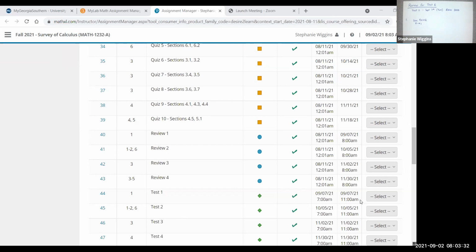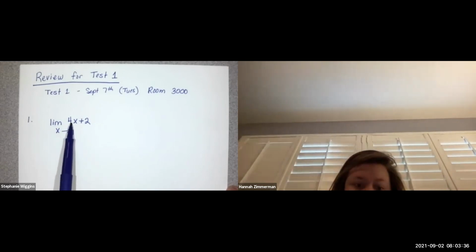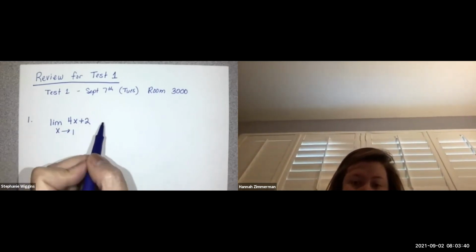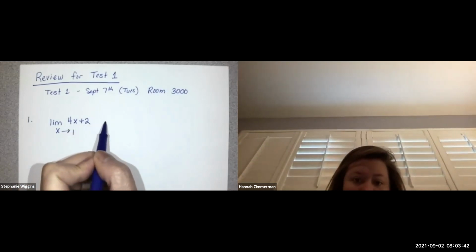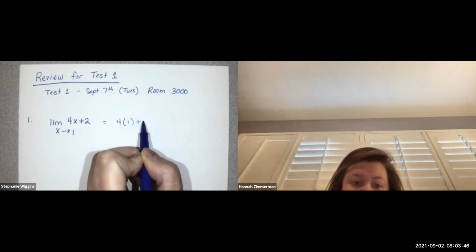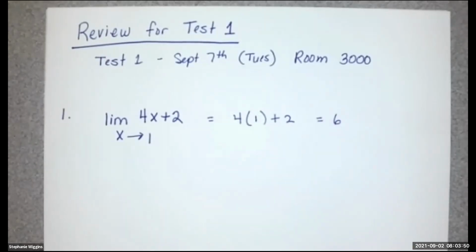Let me stop sharing my screen so you can see that. So the limit as x approaches 1 of 4x plus 2, and we just substitute the 1 into it. And so we get 4 times 1 plus 2. Okay, so there will be some basic problems like that on the test.